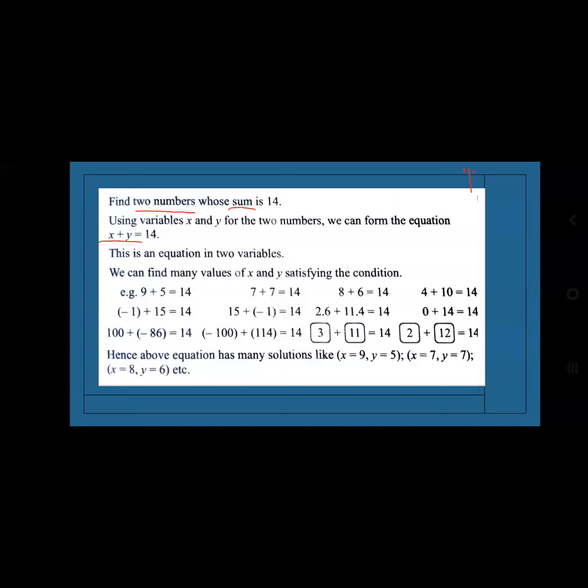This equation has many solutions, like x is equal to 9, y is equal to 5; x is equal to 7, y is equal to 7; x is equal to 8, y is equal to 6. You can write different values for x and y.